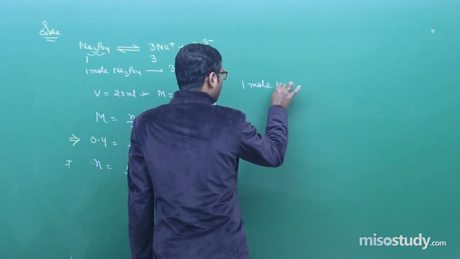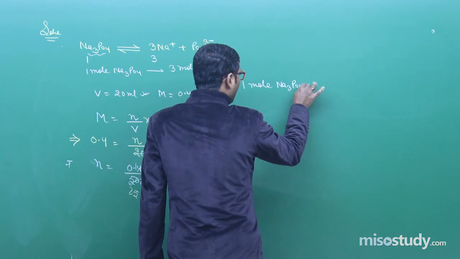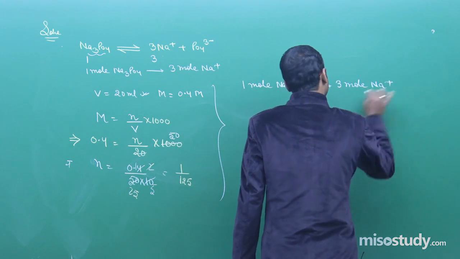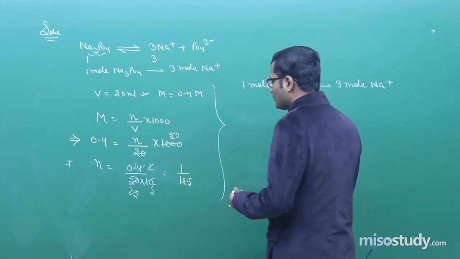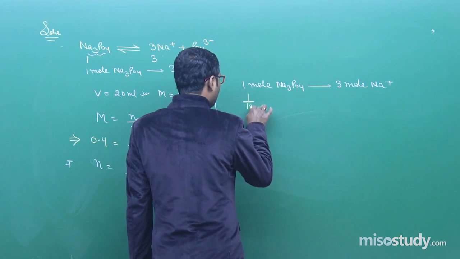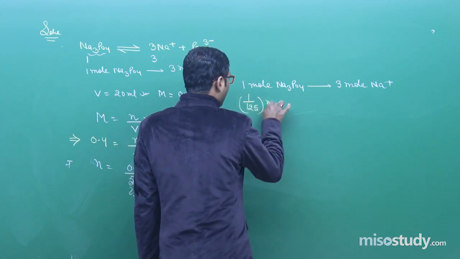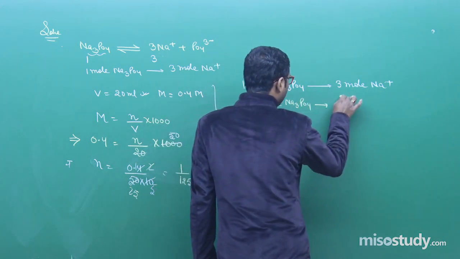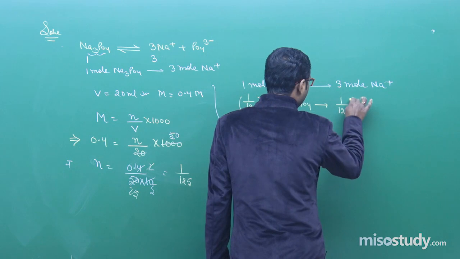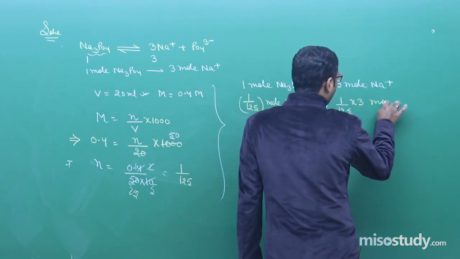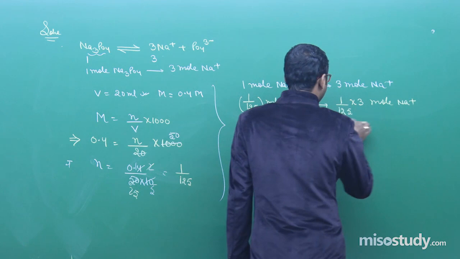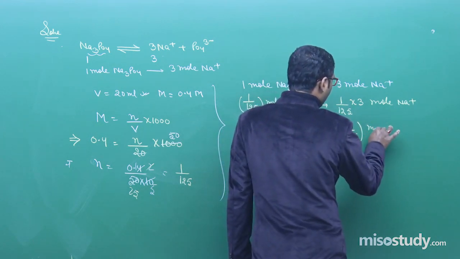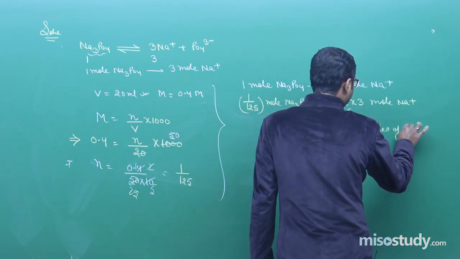Now we know 1 mole Na3PO4 gives you 3 moles Na+. So we can write 1/125 mole Na3PO4 will give 1/125 multiplied by 3 moles Na+, that is 3/125 moles of Na+.